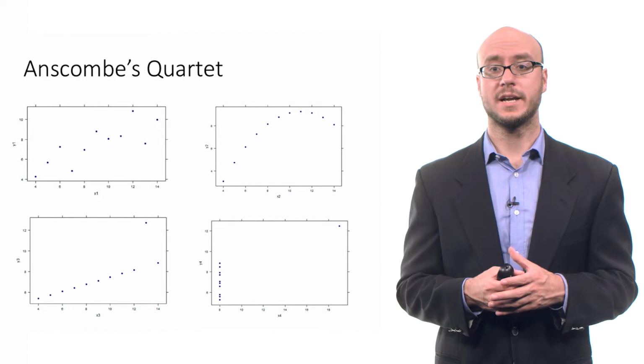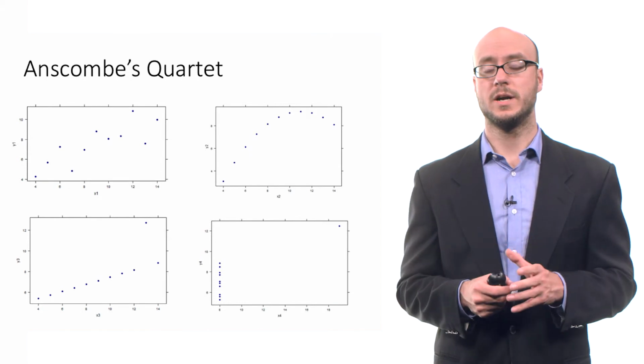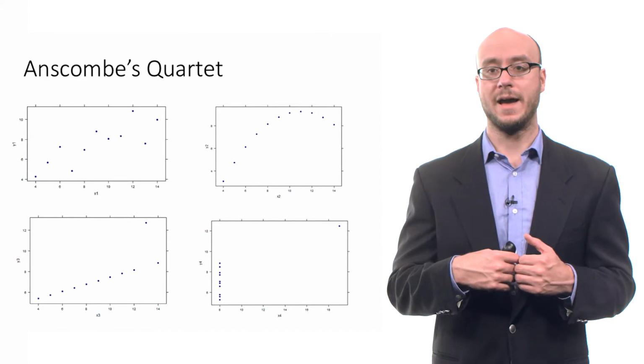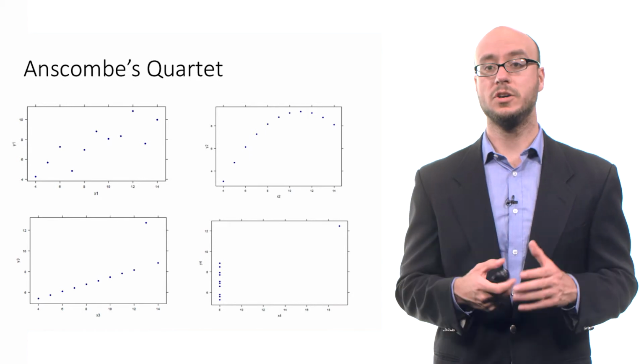In the second quartet, x2 and y2, we have a pattern that looks kind of like an upside down U. So the important point here is that you should always graphically examine your data and be careful about correlation and covariance being sensitive to outliers.